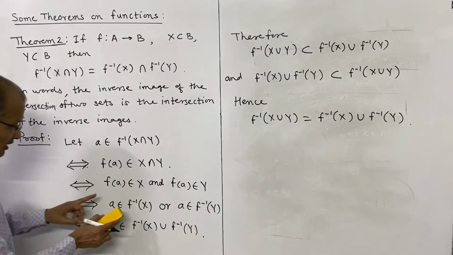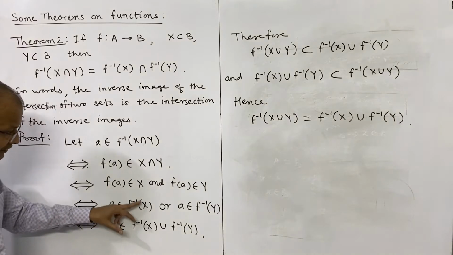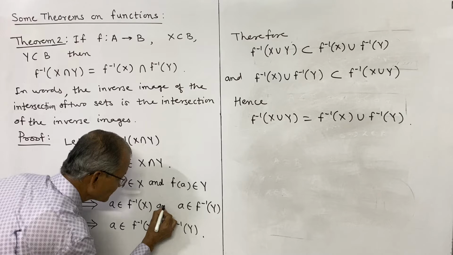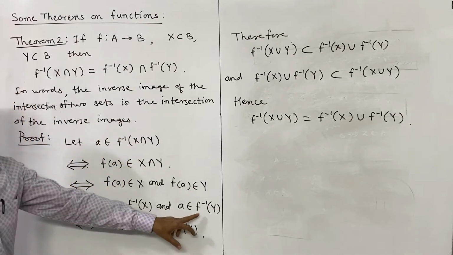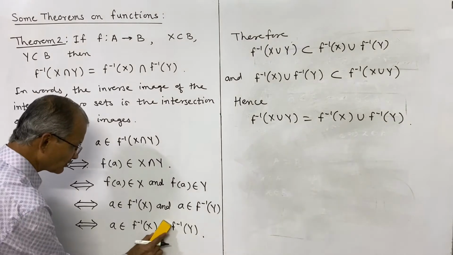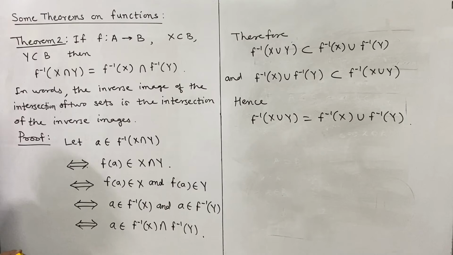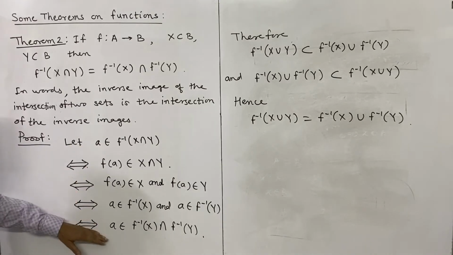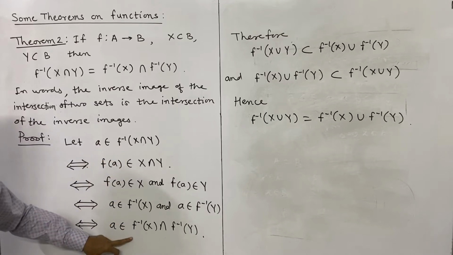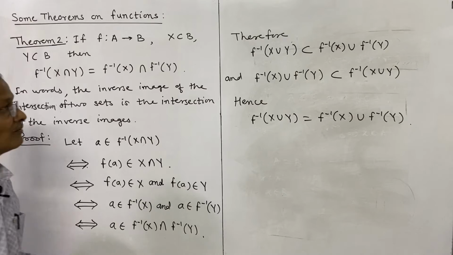And similarly, this will imply f of A belongs to X means A belongs to f inverse of X, and the connective is AND, A belongs to f inverse of Y. And because the connective is AND, A belongs to both these sets, therefore A belongs to their intersection. And thus this implies and is implied by, the last statement means the first set is a subset of the last set, and conversely the last is a subset of the first set.